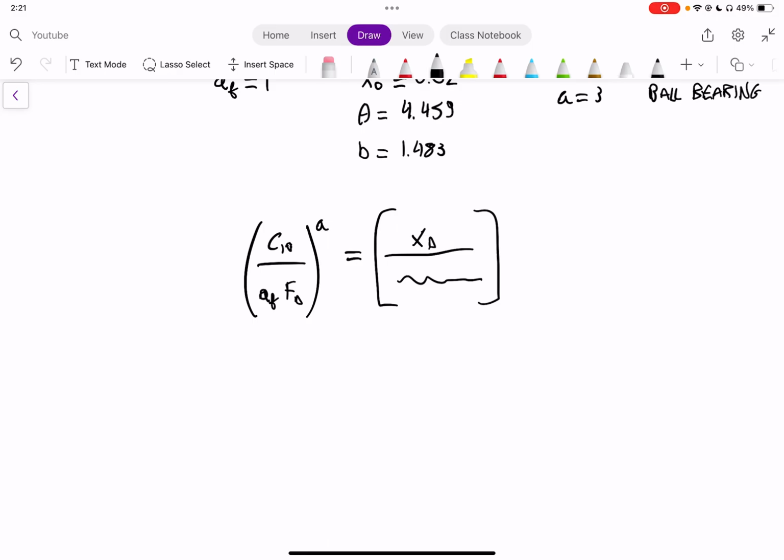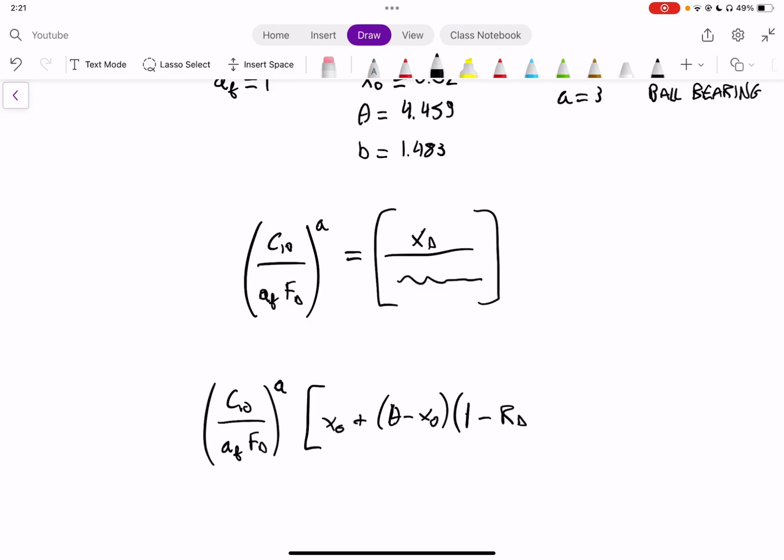So I'm going to have that C10 over AF times FD all to the power of A multiplied by x0 plus theta minus x0 times 1 minus RD. So I'm using the simplified equation, okay?